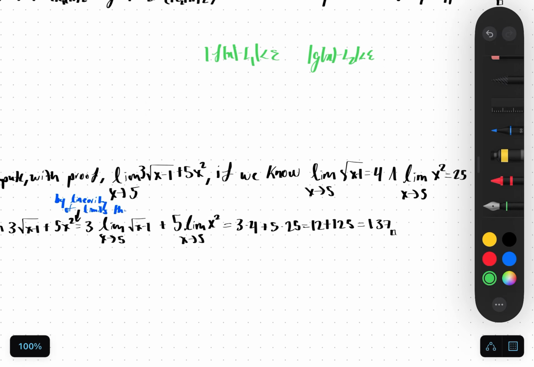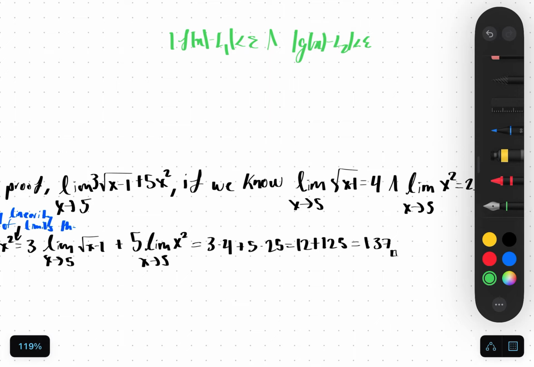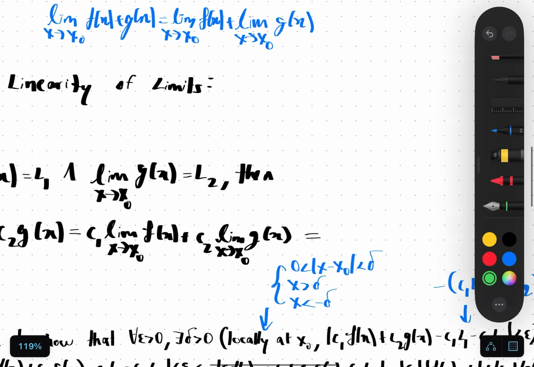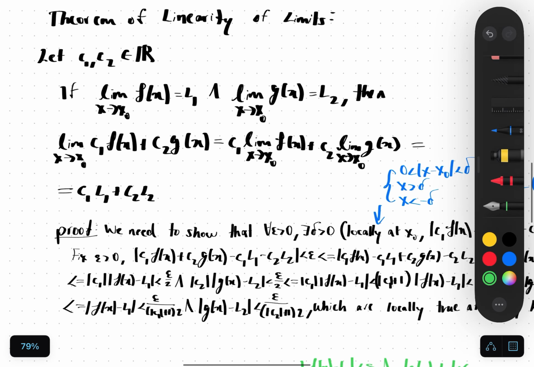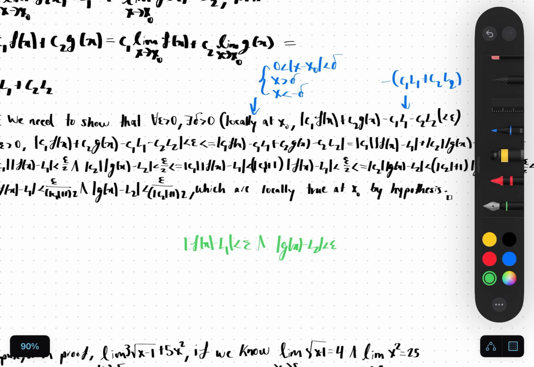The reason is that if we can get these two statements to be true, then we're done, because we know these two statements are true locally at x naught by assumption. We assumed this when we said that the limits of f and g were L1 and L2 respectively. In other words, if we get to that step, then we can say that we finished our proof.